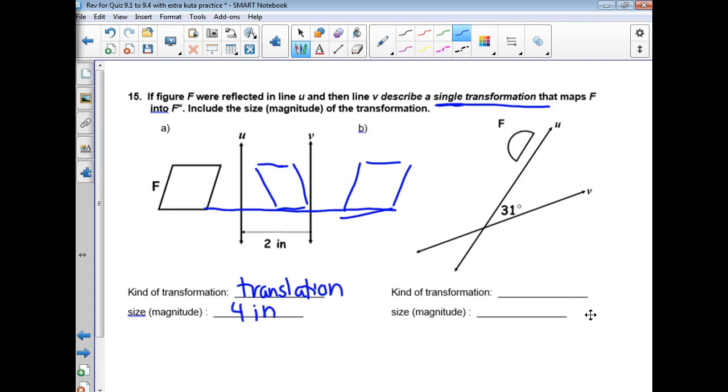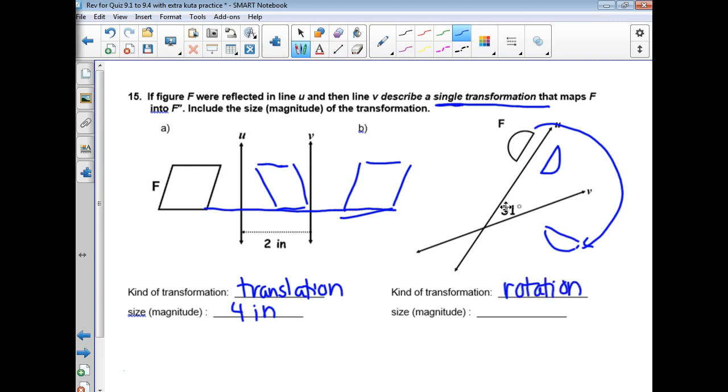It is. That's the whole point. And what happens when you reflect over 2 lines that intersect? It's going to flip over and go like that. I'm not telling you to draw it, but it's going to go all the way to here. How far is that angle? So it made a rotation, yep.